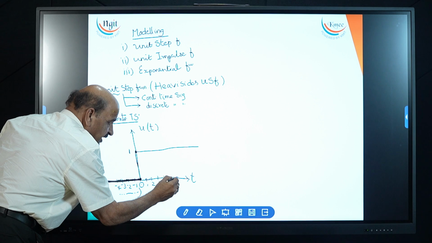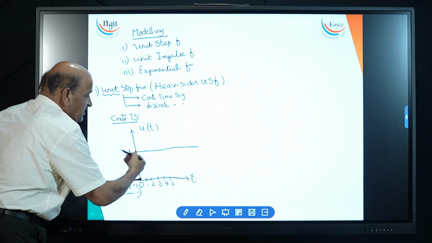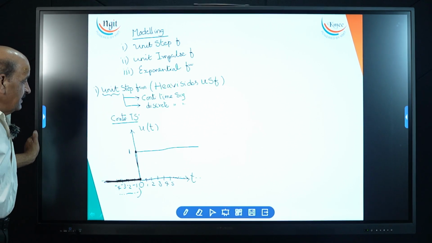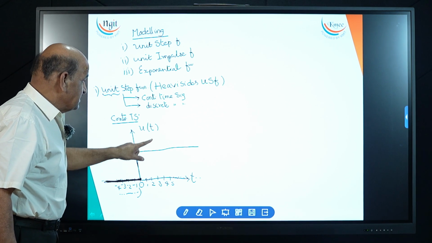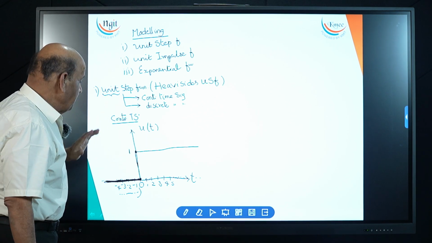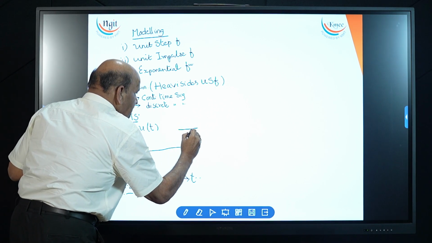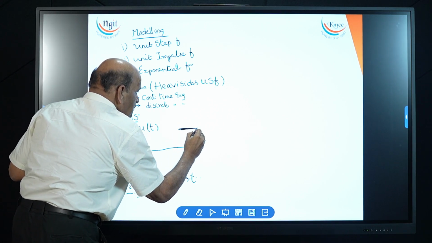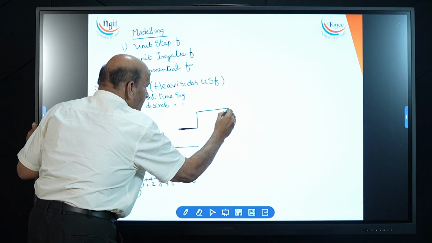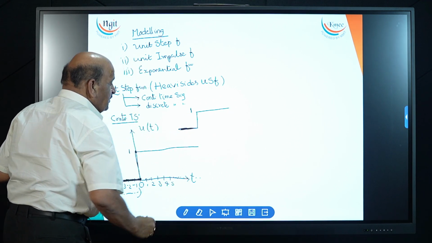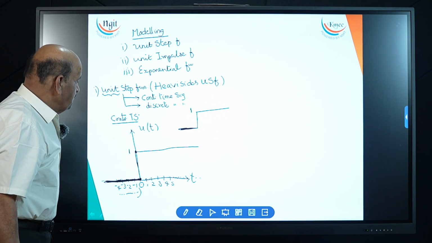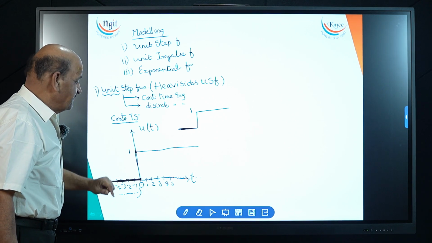In this way, for all values, it continues like this. This is unit step function. Students have to easily understand the concept like this. This is the simple concept of unit step function.